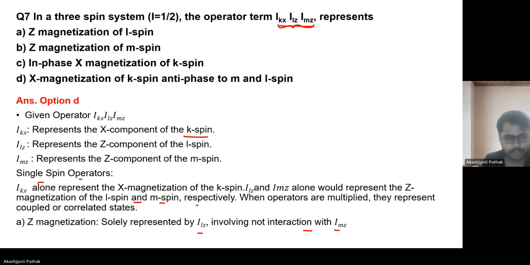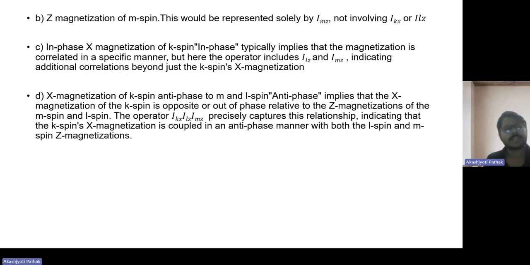Now, in case of option B, the Z magnetization of M spin would be solely represented by IMZ, not involving IKX or ILZ. And in-phase X magnetization of K spin: in-phase typically implies that the magnetization is correlated in a specific manner.